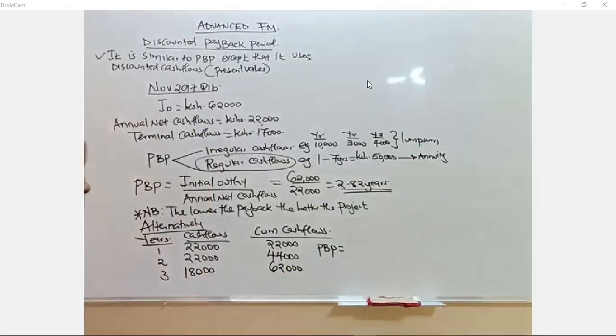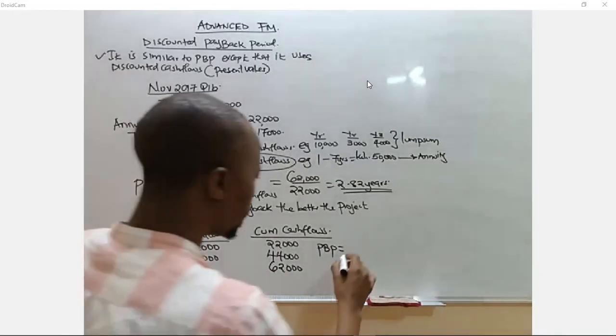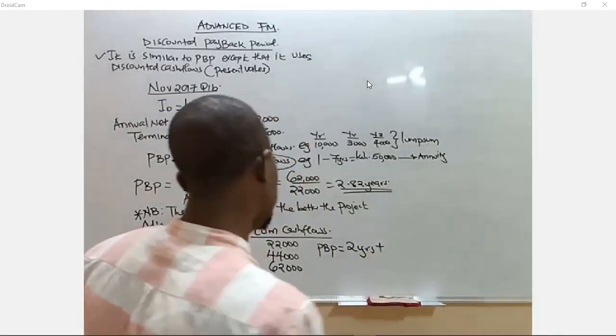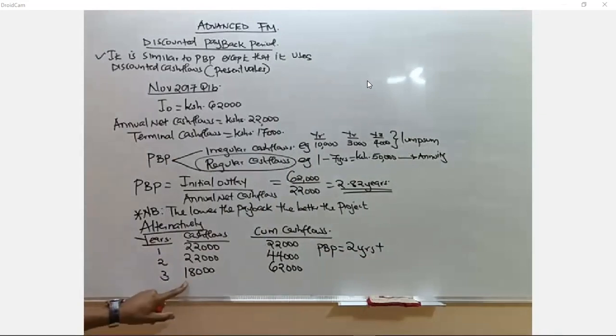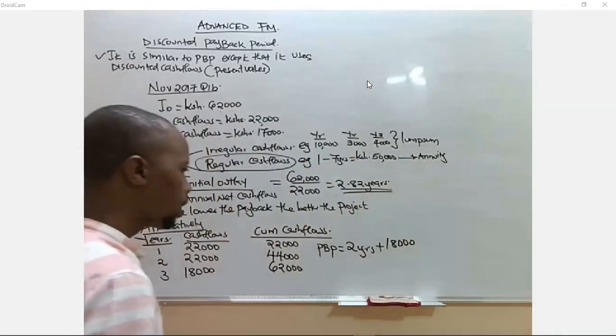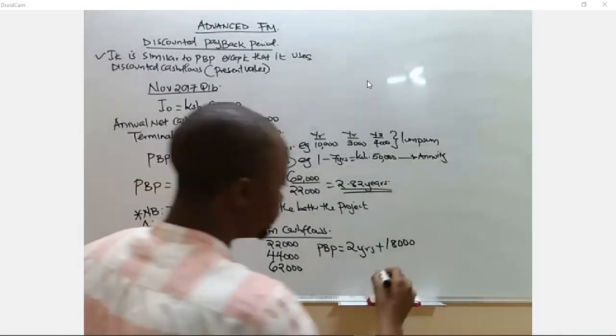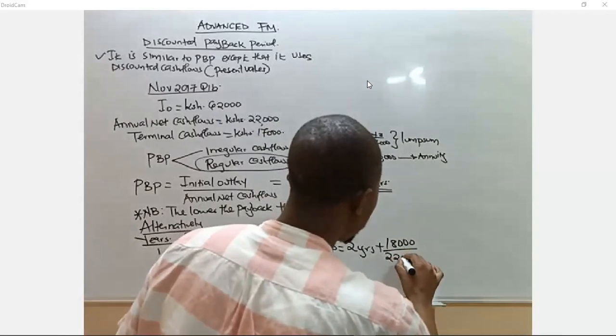So the payback period should be 2 years complete, and part of year 3. So 2 years plus how much cash flow do I require to get 62,000? You get 18,000. And to determine the number of months, you divide by the annual cash flow for that year, and in this case, it should be 22,000.